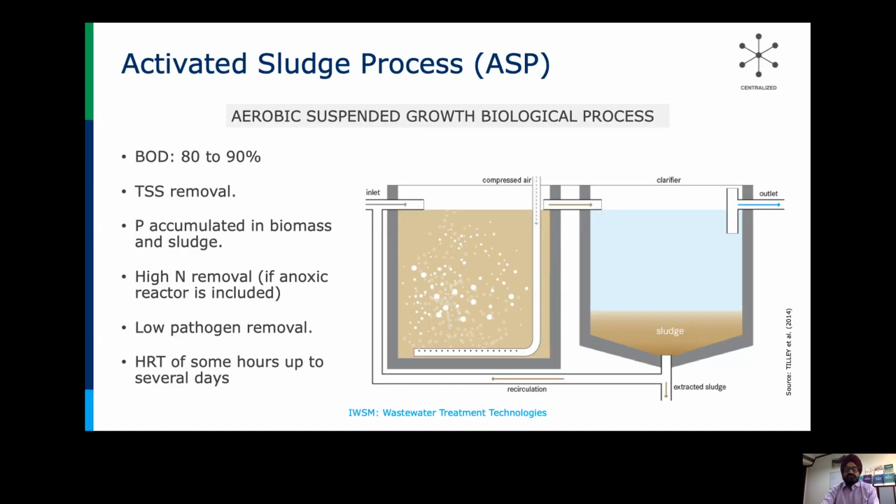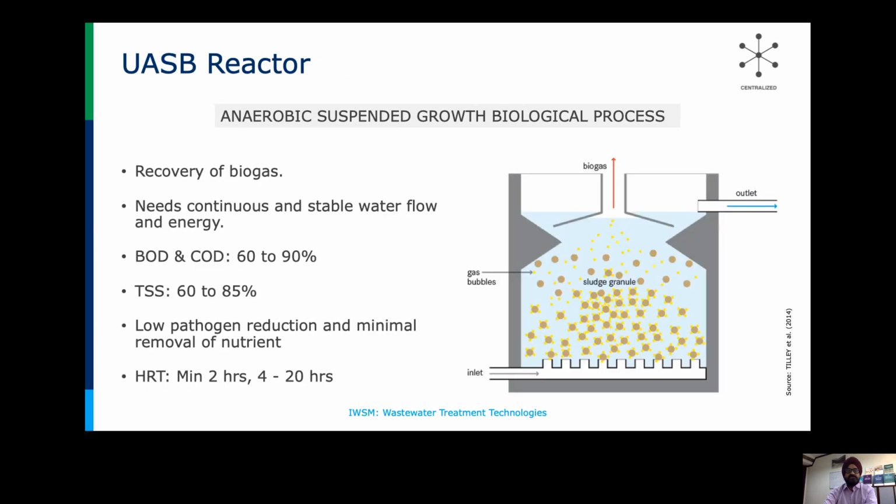There is just air which is made to flow in a suspended sludge tank, and the aeration leads to digestion and oxidization of the microbes. And then in the next tank, the clarified treated wastewater is there, and again desludging at the bottom happens, and part of that sludge is brought back again into the first tank where compressed air is put in, and in this process the treatment happens.